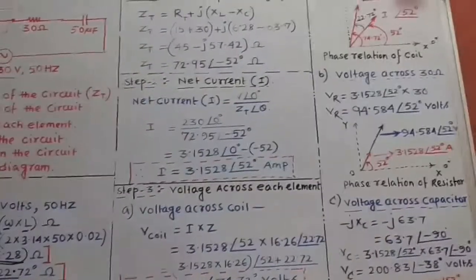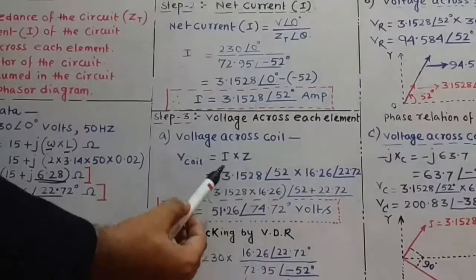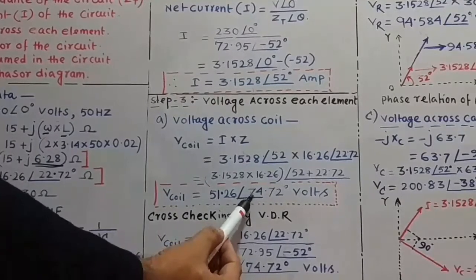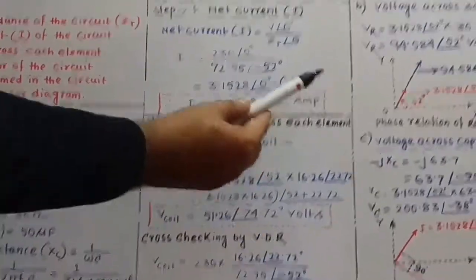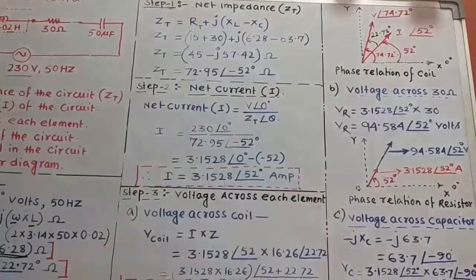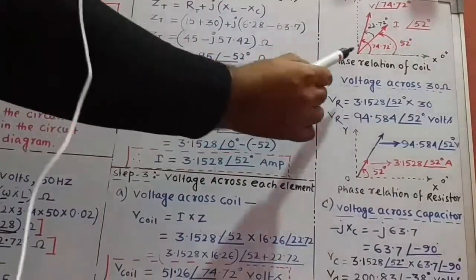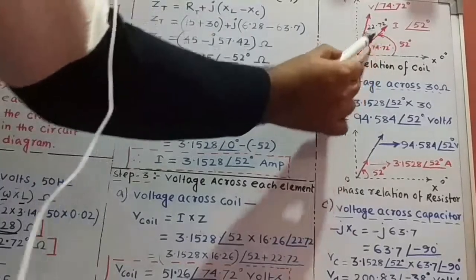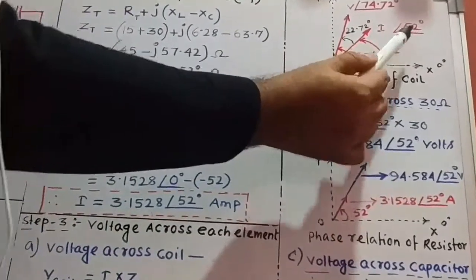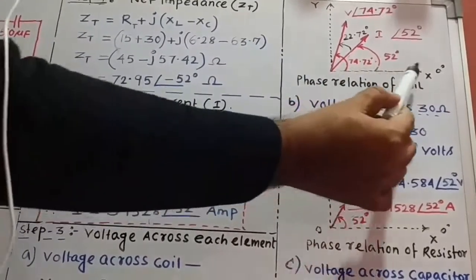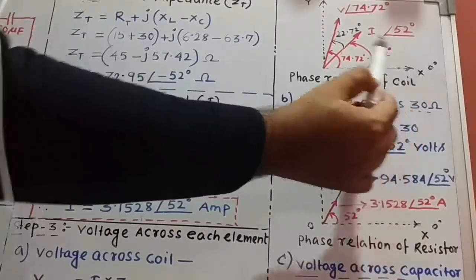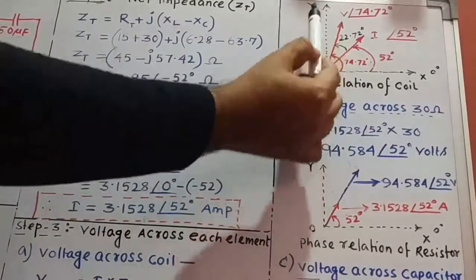Now what does it mean? That is, angle of the coil voltage is 74.72. So here I have drawn the phasor relation of the coil. So this current is already common to all the elements, and it is I angle 52. I have taken this as your x-axis, which is the reference line, that is 0 degree, and this is your y-axis.